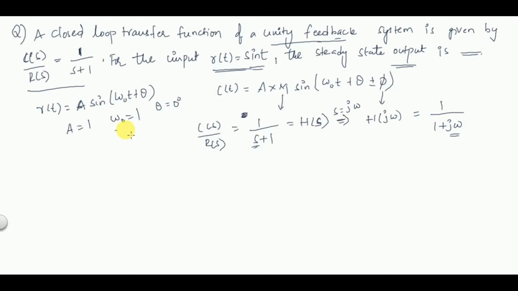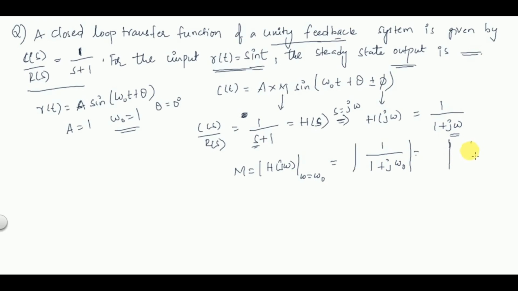Now omega naught is equal to 1. M is equal to the modulus of H of j omega at omega equal to omega naught, so in place of omega we substitute omega naught.